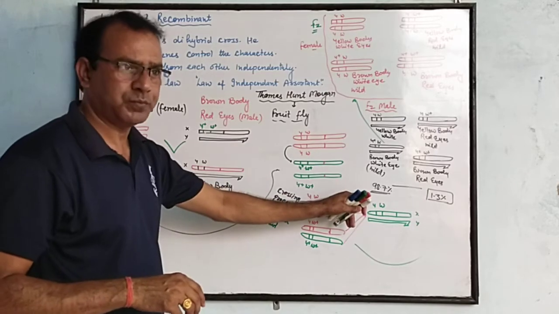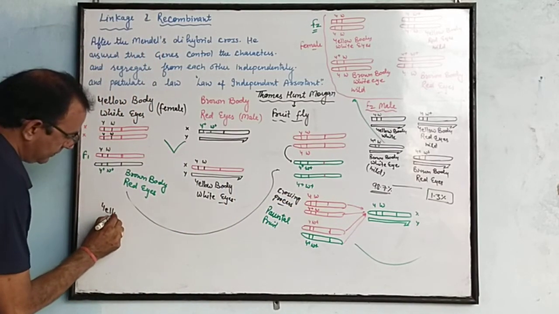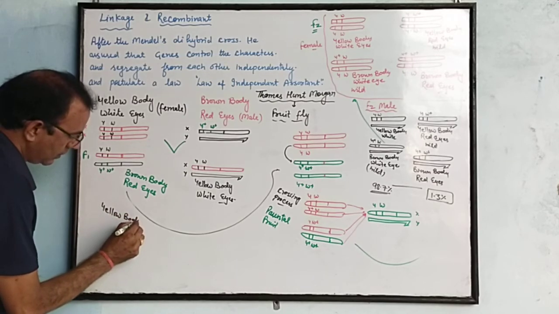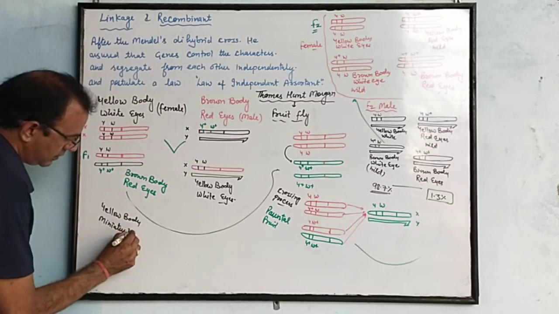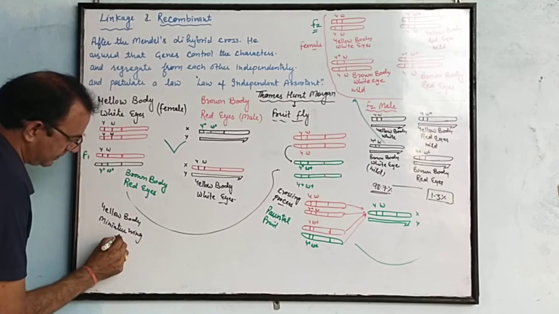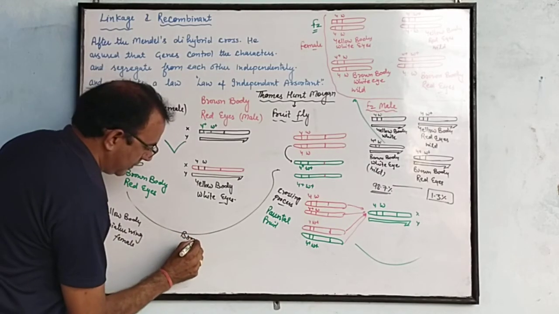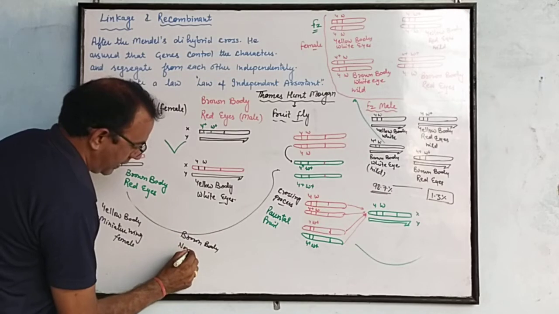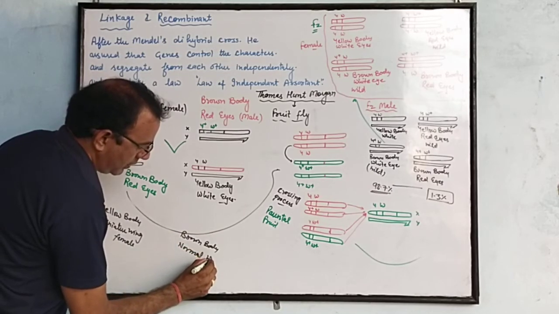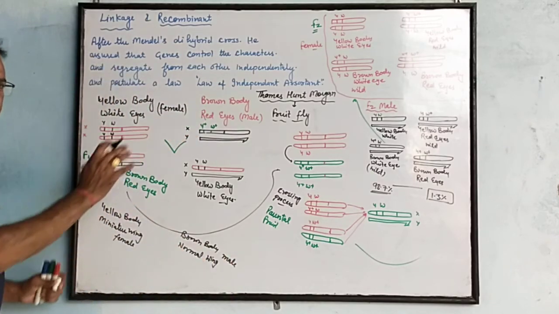He again crossed a yellow body, miniature wing female with a brown body, normal wing male. The same crossing process can take place.